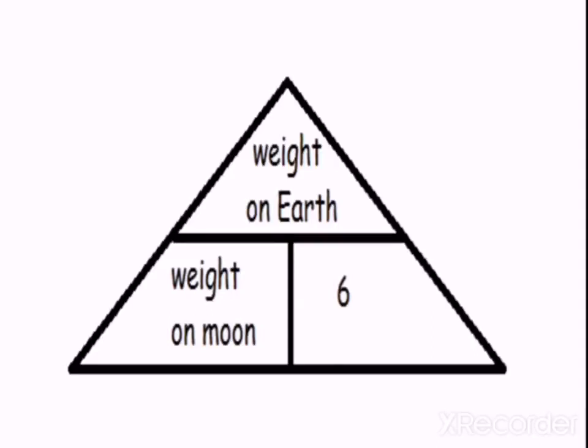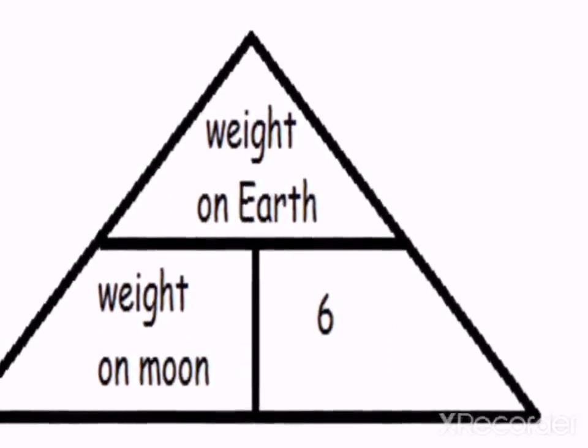If you need the weight on the moon, hide the weight on the moon. So the weight on the moon equals the weight on the earth divided by 6. If you need the weight on the earth, hide the weight on the earth. So the weight on the earth equals the weight on the moon times 6.